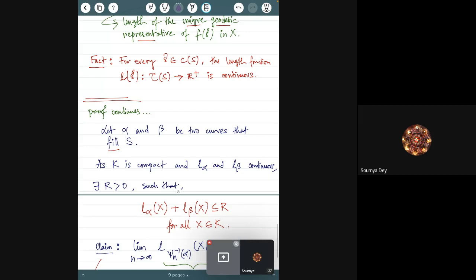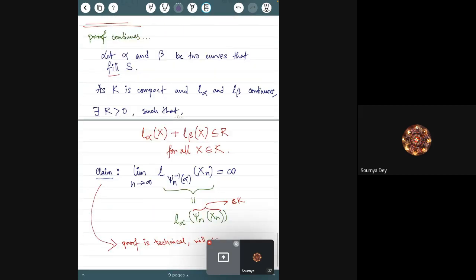But now, as K is compact and L alpha and L beta are continuous, there is a bound on each of these, in fact. So L alpha of x and L beta of x, as x is coming from our K, there is a universal bound R such that L alpha of x plus L beta of x is less than or equal to R for every x in our K.